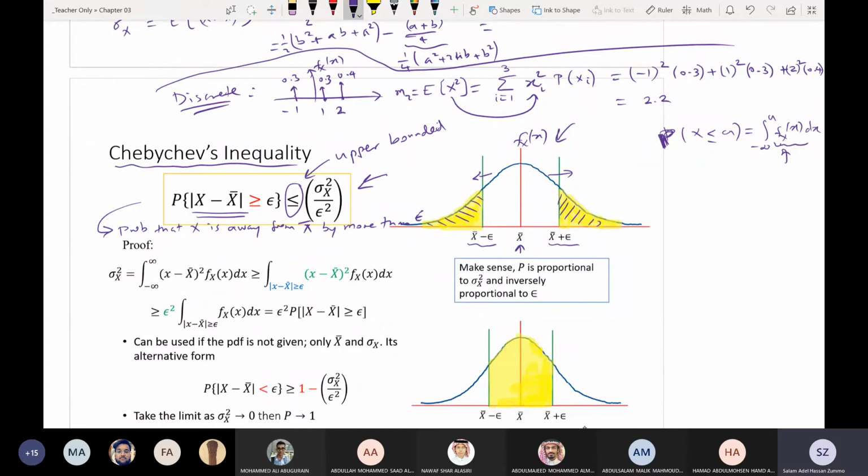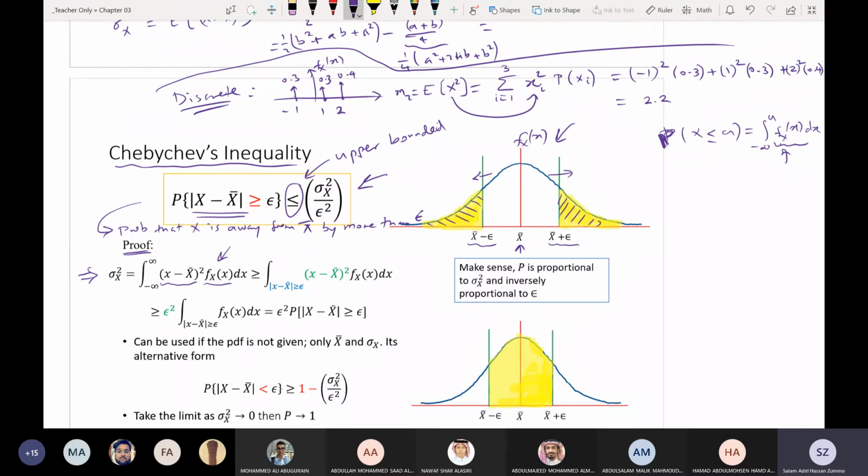Let's try to prove it. Maybe you will be convinced. So what is sigma x squared? Sigma x squared, by definition, is the integral of x minus x bar all squared multiplied by the PDF from minus infinity to infinity, right? Which is larger than integrating over a specific range.